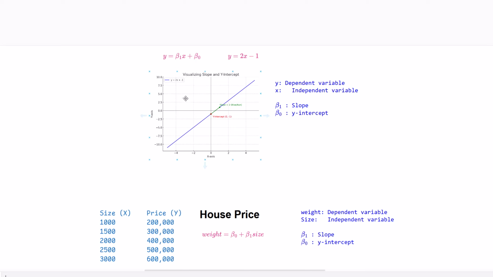If you just ignore this minus 1, y is equal to 2x. It means 1 unit in x moves y by 2, the jump in y is 2 times. That's why we say the slope is 2.